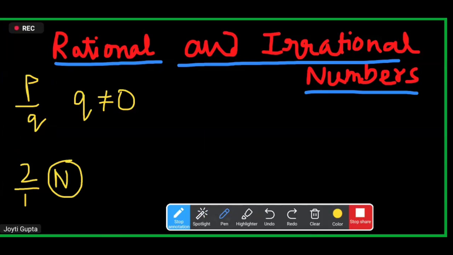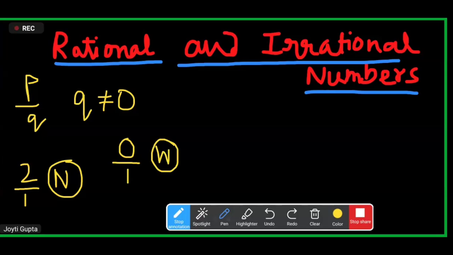Now if you take any whole number, suppose 0. We know that 0 is included in the whole number set, and 0 can also be written as 0 by 1. So 0 is a rational number, and all whole numbers are rational numbers.